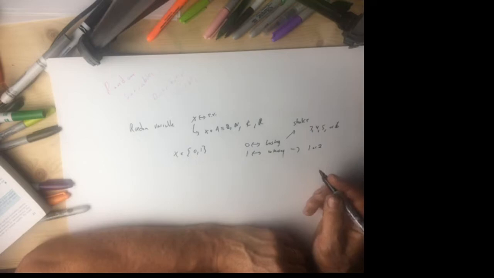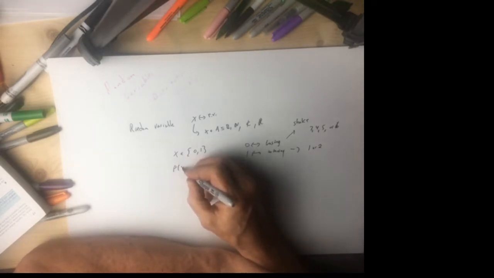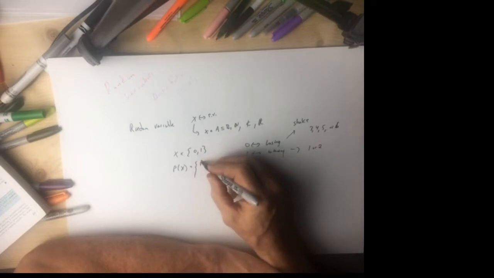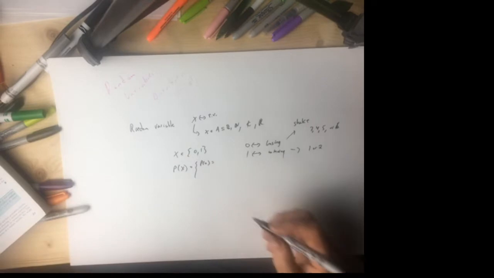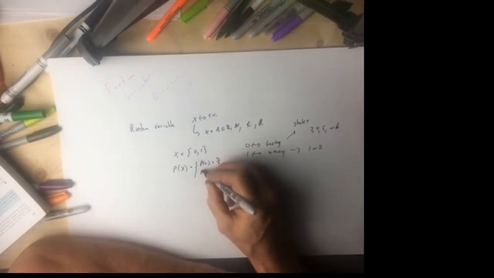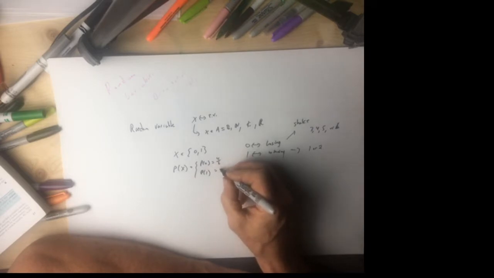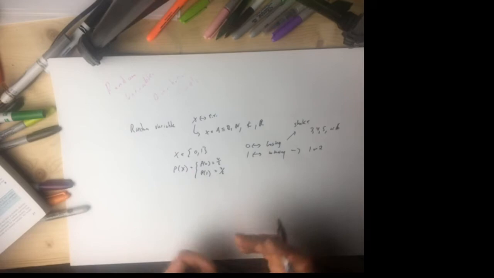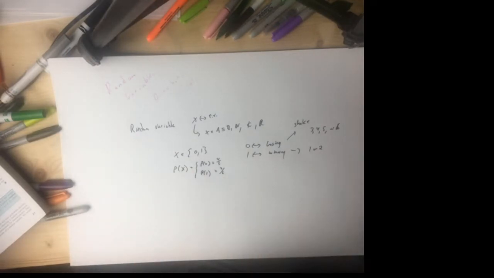Well, then we can associate to a probability of x the following: the probability of 0 is going to be the probability of losing, which is 4/6, and the probability of 1 will be 2/6. Now, that's a random variable. You might not call it fair, but we don't really care. We simply say those are the probabilities.